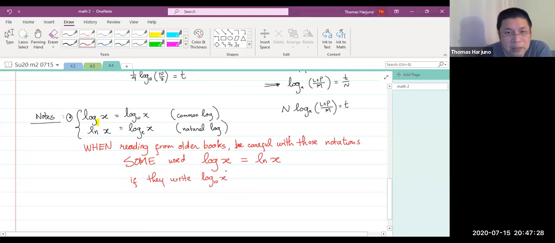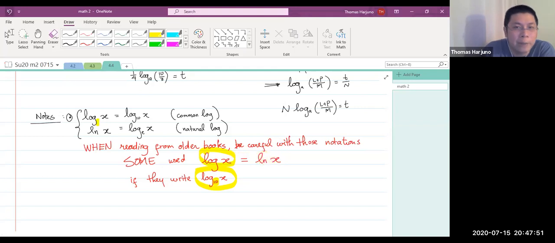If they actually write the 10 for base 10, then if they don't use that base 10, it is natural log. Okay, if they actually write this notation in that book, it means if they don't write the base 10, it refers to natural log. Now actually the best way is to ask the teacher, or when you read the book, know that there is possible difference in definition.